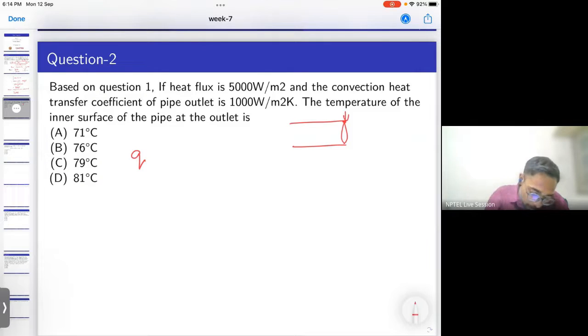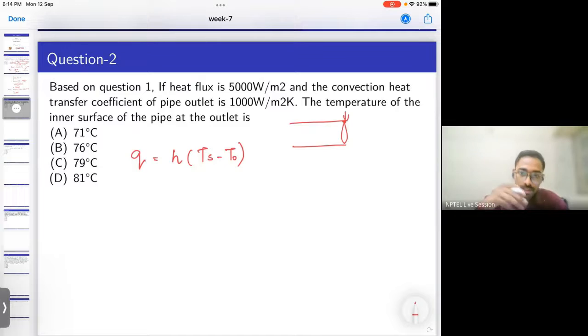Q is equal to h times (T surface minus To). So this is our expression. We need to find out Ts. We already found out To, right?